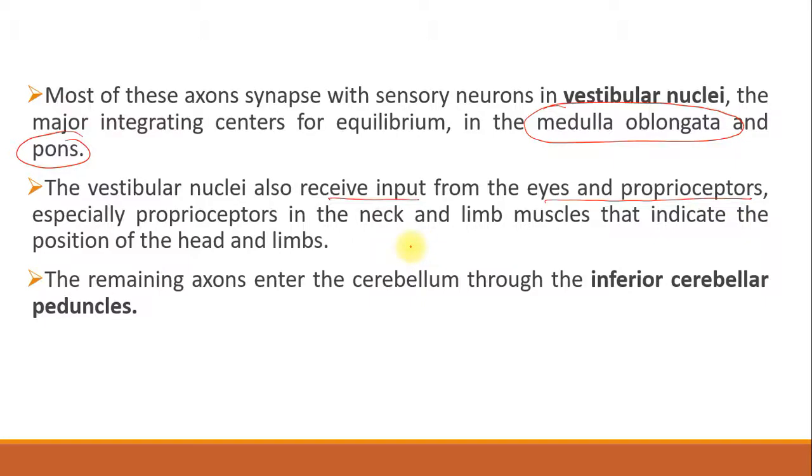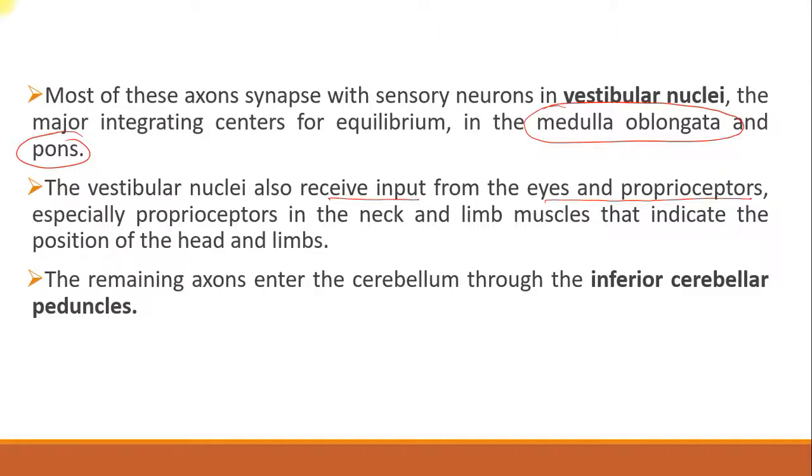Proprioceptors are receptors present in skeletal muscle which detect the position of the hands in space. That means if we elevate our hand, we will know that our hand is elevated. How do we know that?